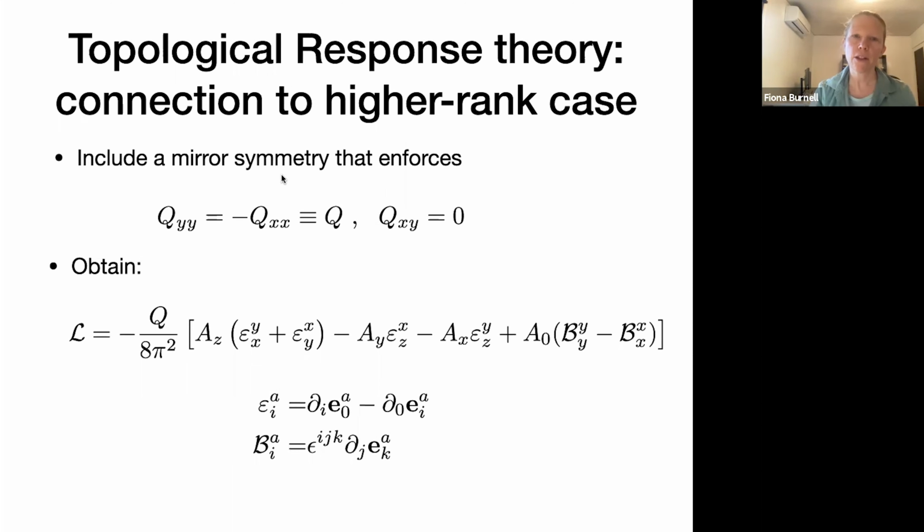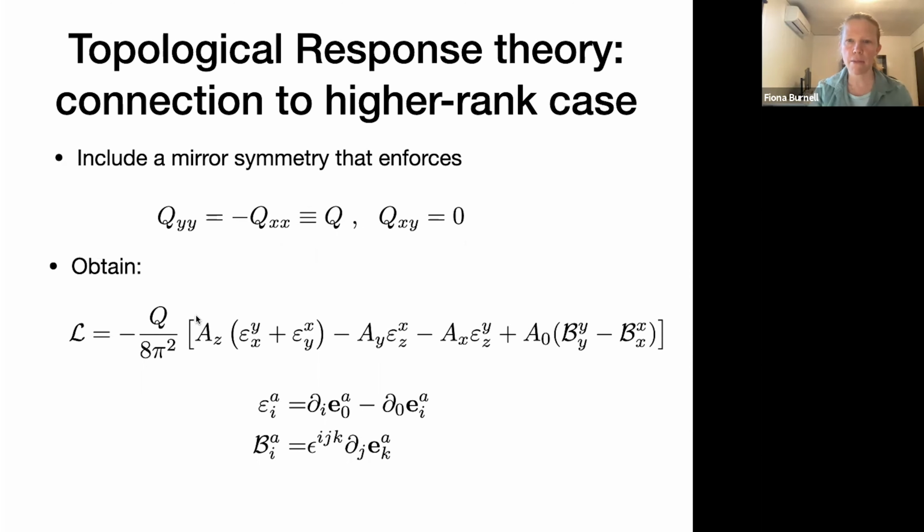Let me suppose that I have this mirror symmetry about x equals y. In that case, this quadrupole tensor only has a single component, which I'm going to call Q. So Q_YY is equal to minus Q_XX, Q_XY has to be 0, and this guy I'm going to call Q.